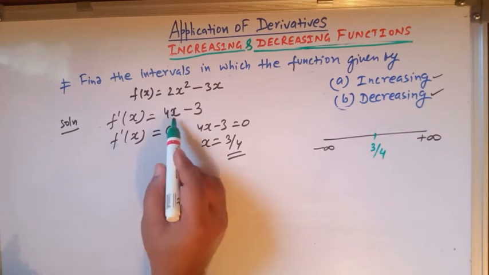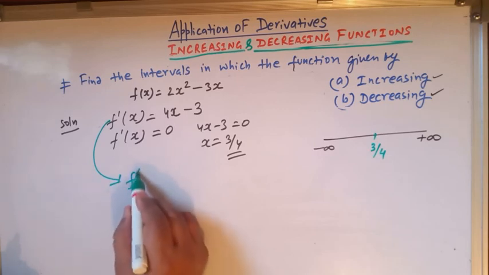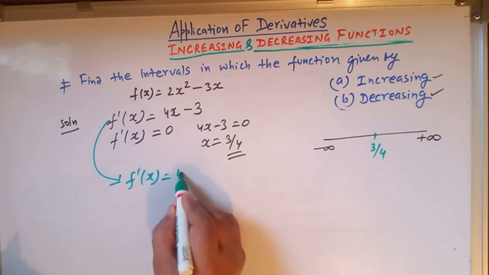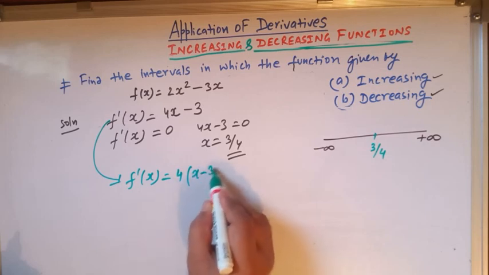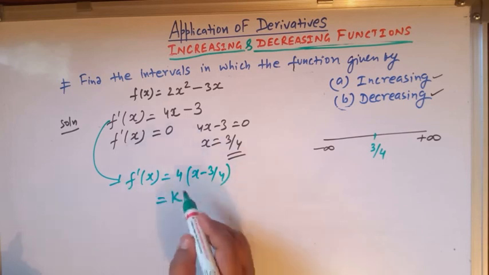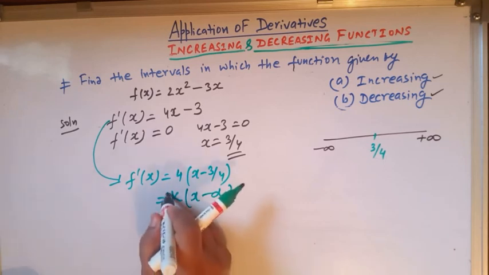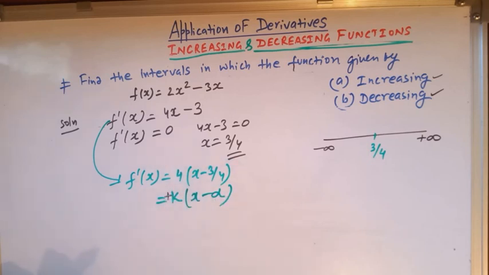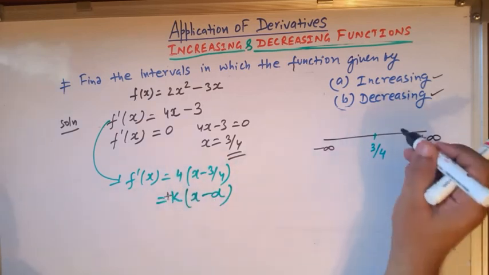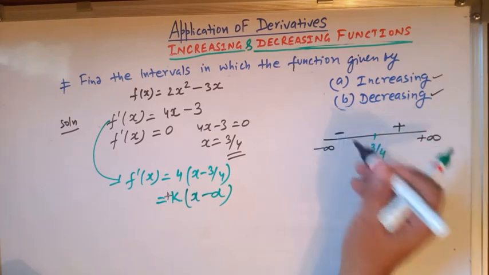So we can write this expression as 4 times of x minus 3 by 4. So this can be expressed as I have just told you, k times of x minus alpha. Clear? So here we have a positive sign. Clear? Here we have positive sign. So therefore we start from the positive sign here, and then we have negative sign.